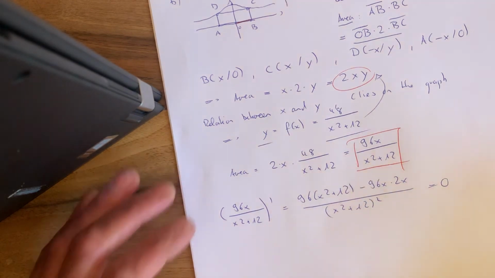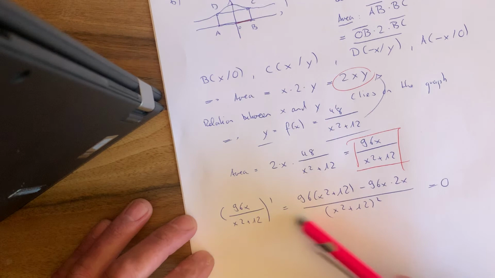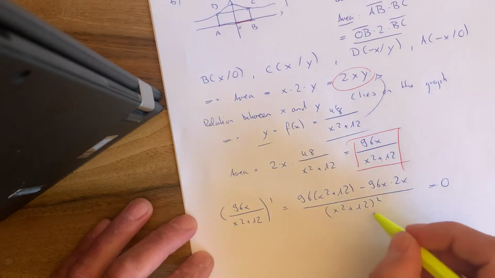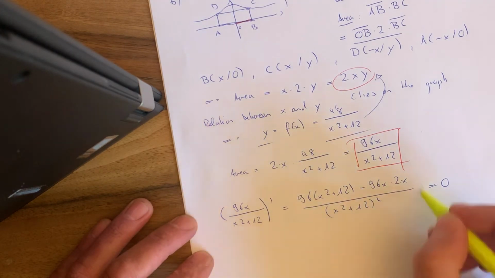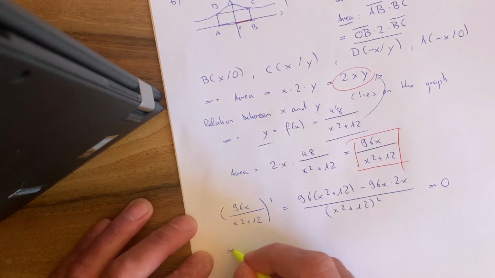And now here's something important. Since this whole thing here should be 0, there's no need to simplify the lower part, because that anyway drops away if we set the whole thing equal to 0. So if the whole thing equals 0, the upper part has to be 0, so we can just ignore the lower part.